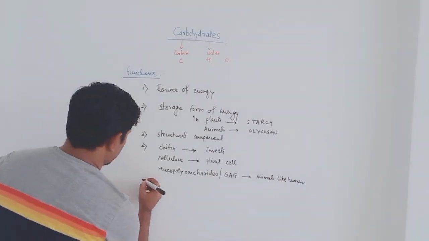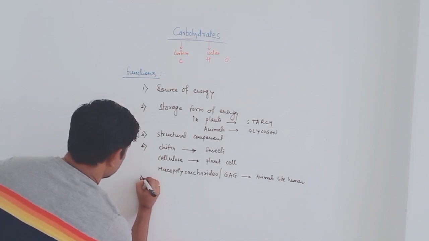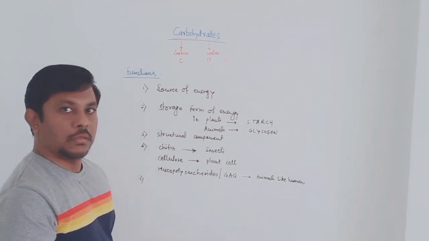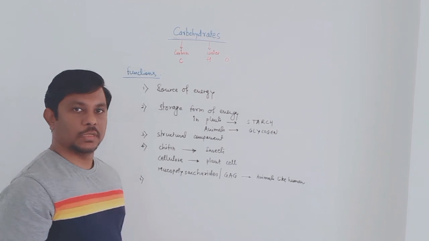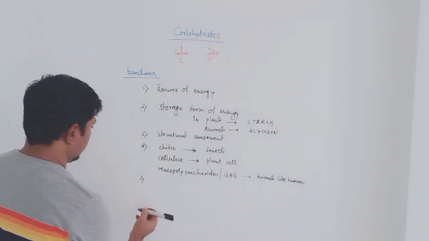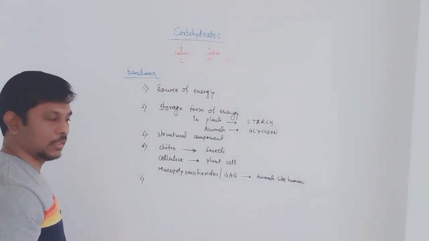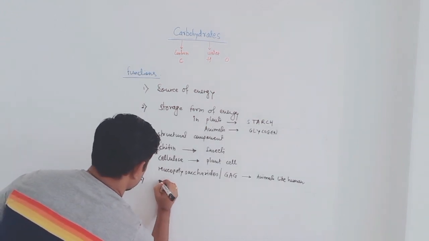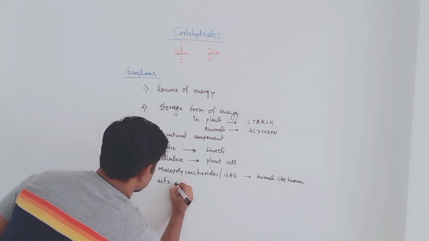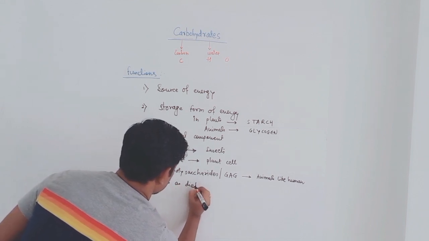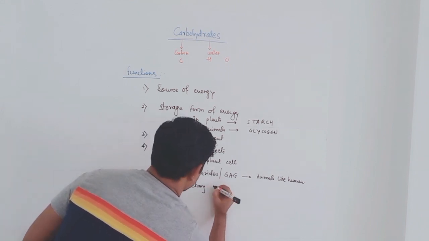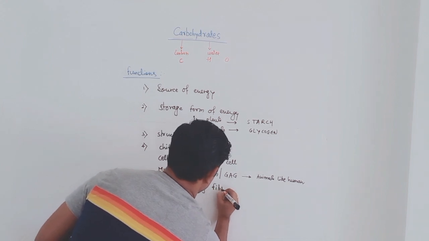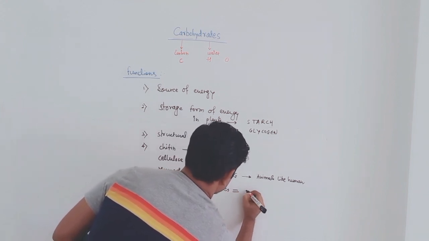The next use of carbohydrate is that the insoluble carbohydrates, which cannot be digested by the human gastrointestinal tract, act as dietary fibers, like cellulose.